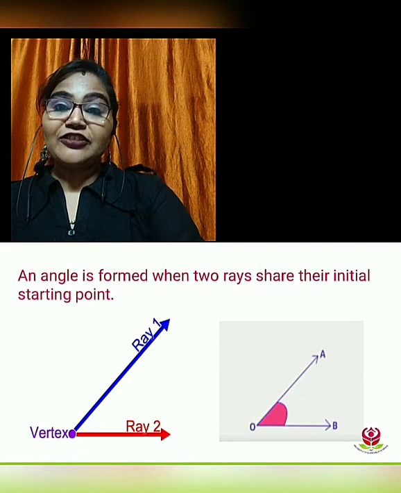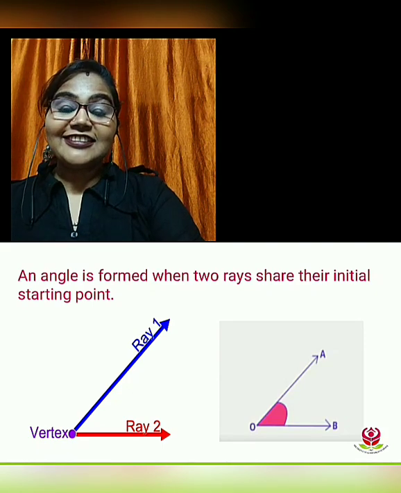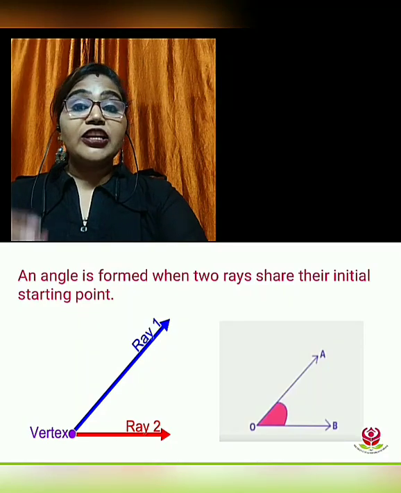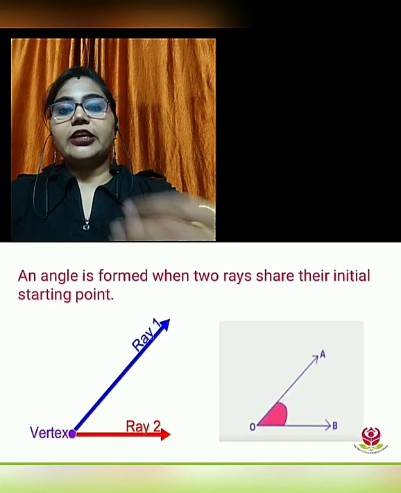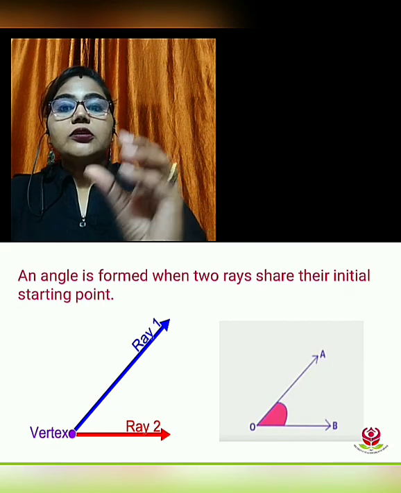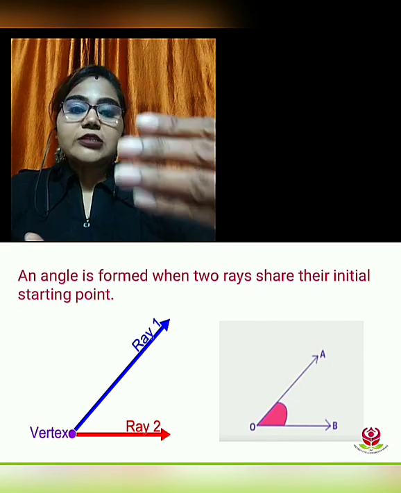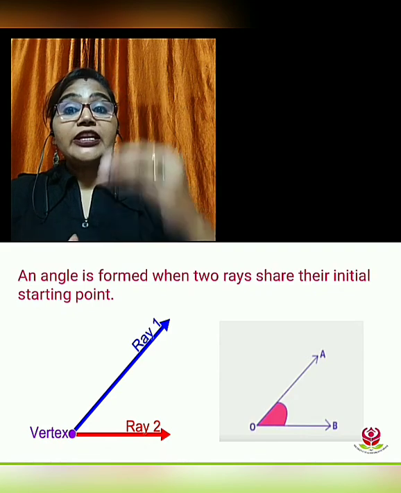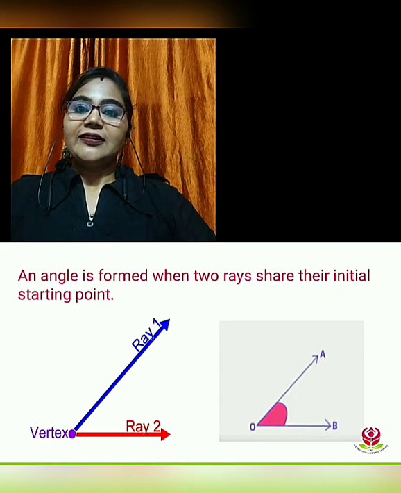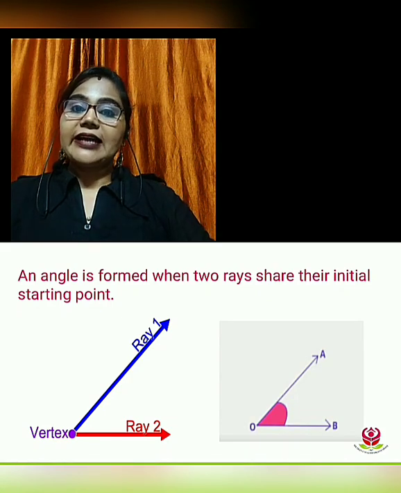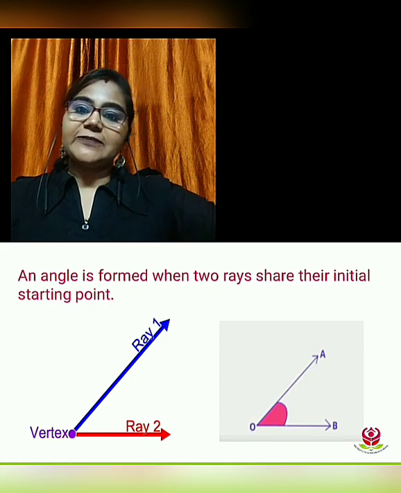Here also you can see the angle figure. And whenever you want to read a ray, you will be naming it from the fixed point and then to the next point, that is the point which is extended.